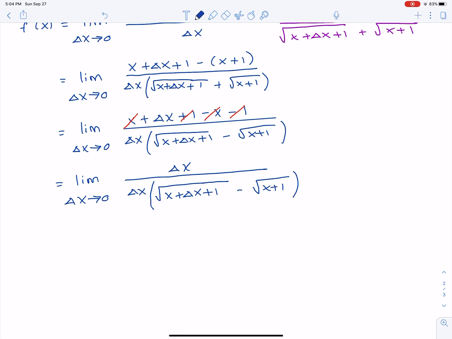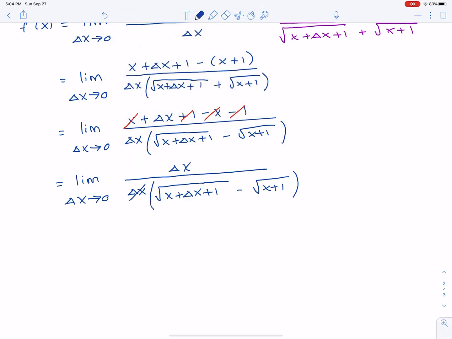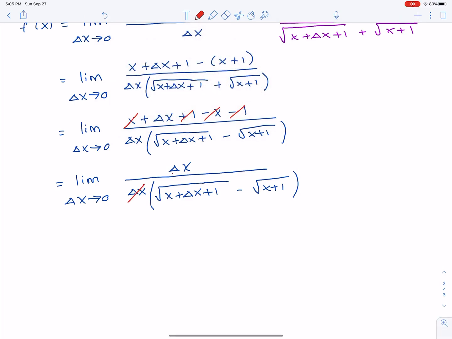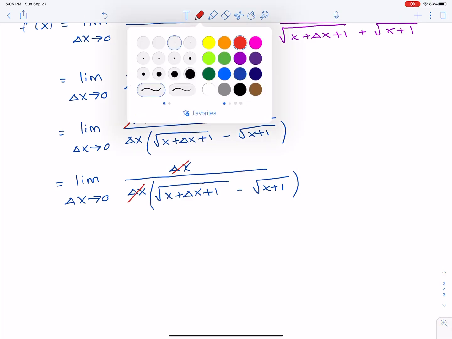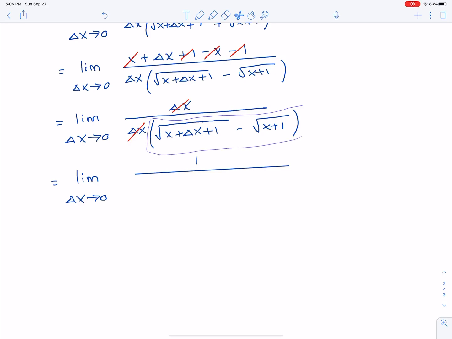From here, notice now I can cancel out a delta x on top and bottom, except I want to do that in red. So bam, bam, goodbye delta x's. So where are we? Our similar function is the limit as delta x approaches 0 of 1 over that denominator, and I am going to cheat and copy and paste because I can.